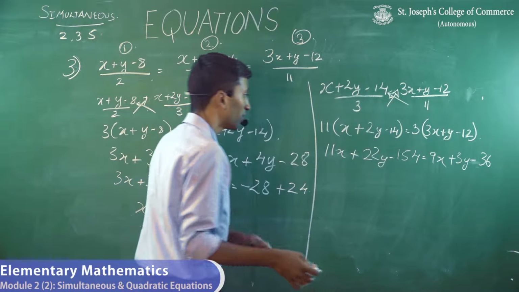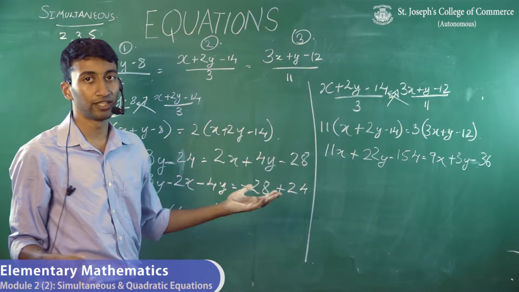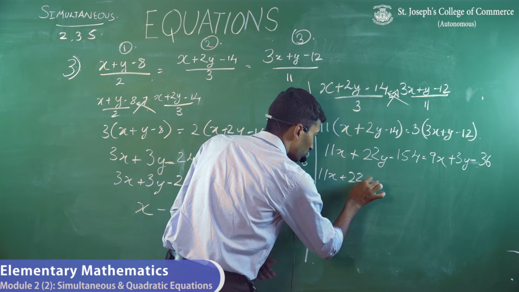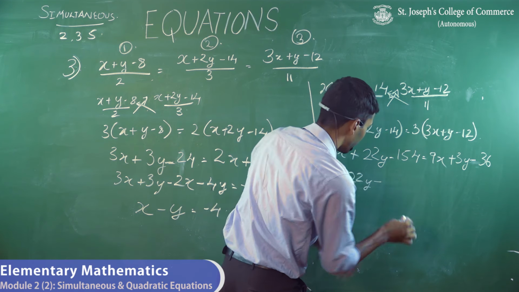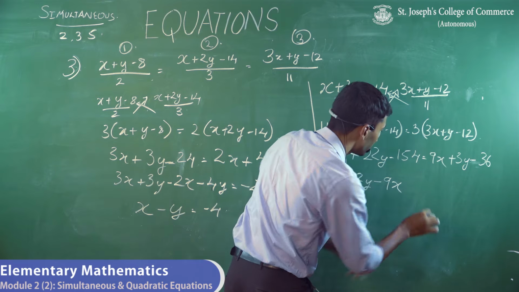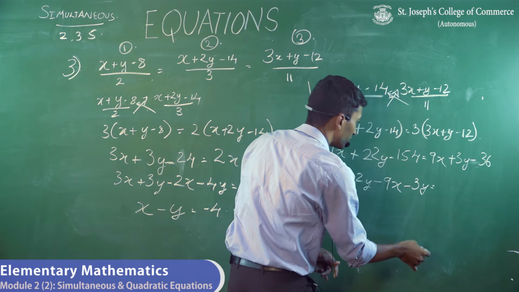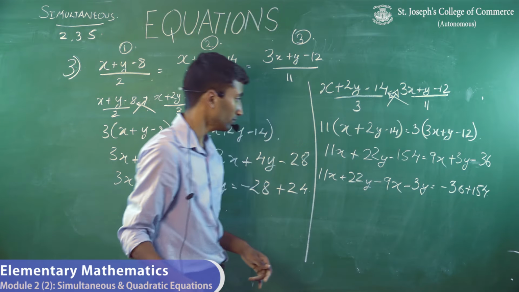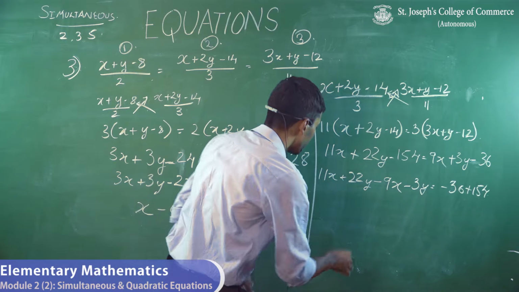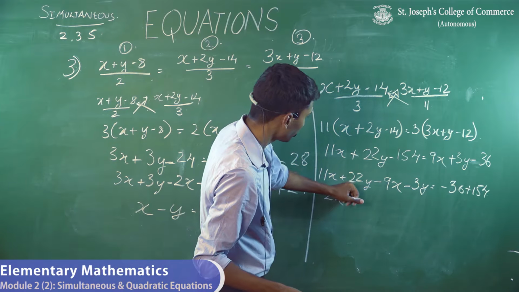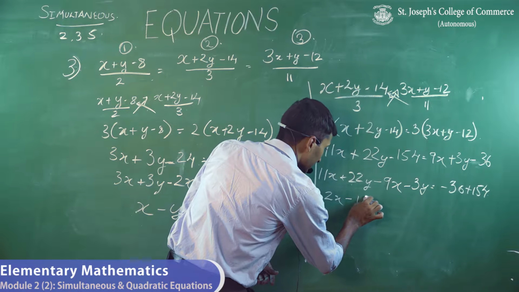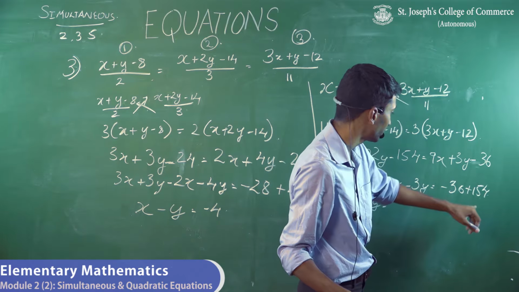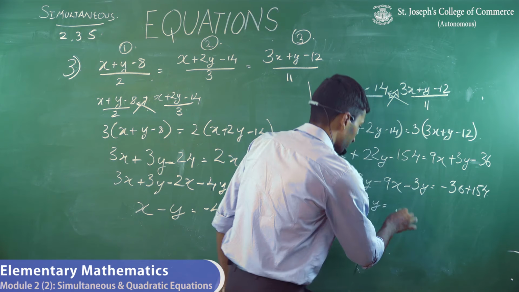Now I would take the variables on one side and the constants on the other side. 11x plus 22y minus 9x and minus 3y is equal to minus 36 plus 154, which would be 11x minus 9x would give me 2x, plus 22 minus 3y will give me minus 19y, and plus 154 minus 36 would give me 118.